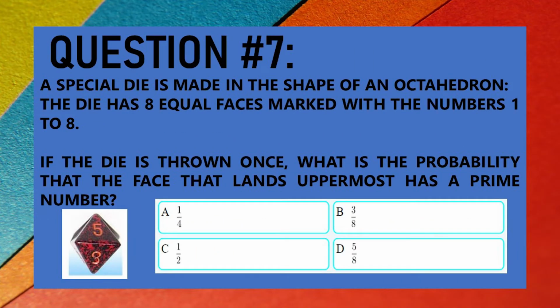Question number 7. A special dice is made in the shape of an octahedron. The dice has 8 equal faces marked with numbers 1 to 8. If the dice is thrown once, what is the probability that the face that lands uppermost has a prime number? Letter A, 1/4. Letter B, 3/8. Letter C, 1/2.